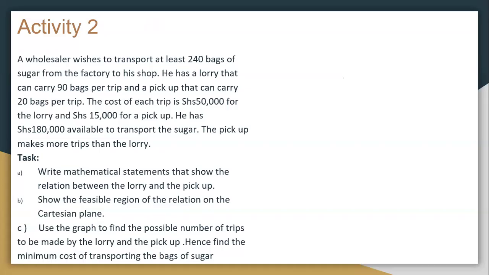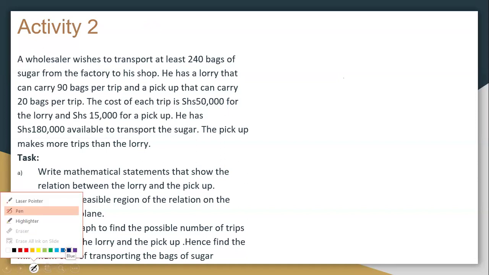Okay, people are saying lorry X and pickup Y. Very good. Okay, I think we are good to start.